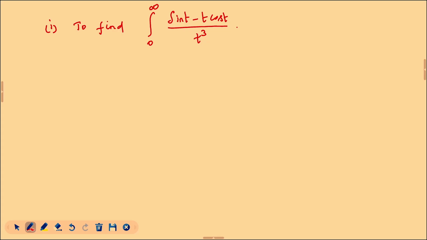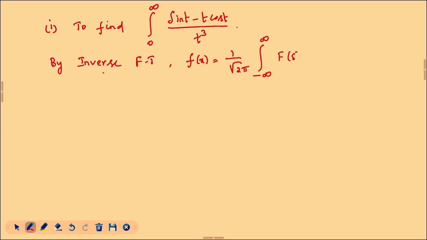So by the inverse Fourier transform, f of x is equal to 1 by square root of 2 pi integral from minus infinity to plus infinity of F of s e to the power minus isx ds.